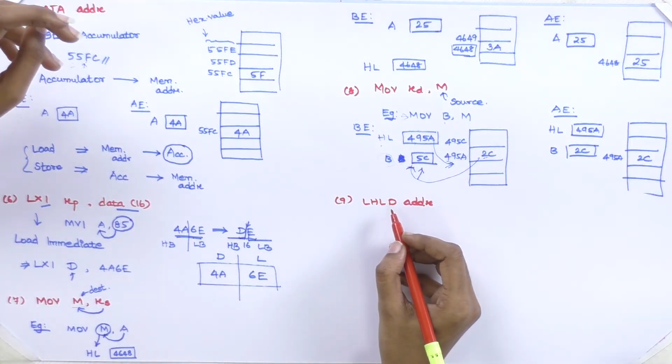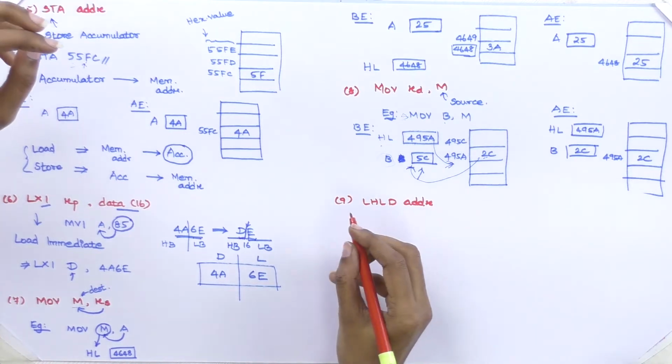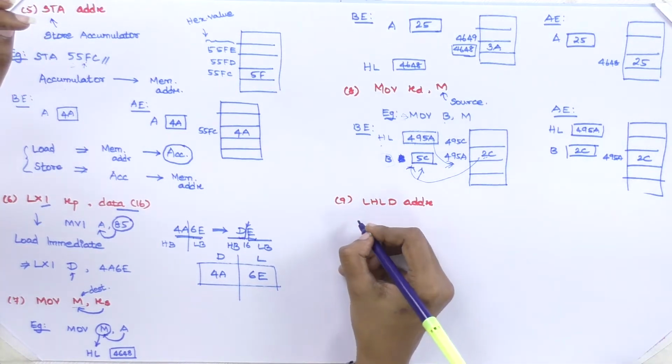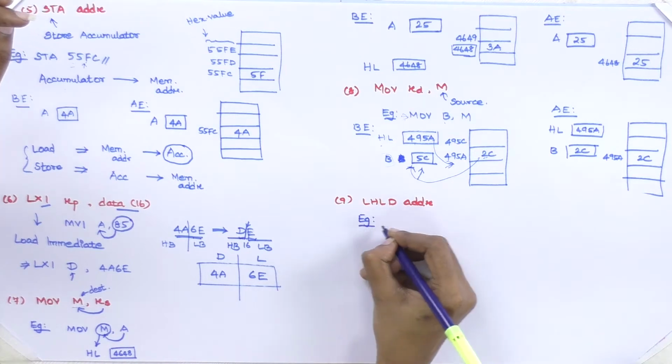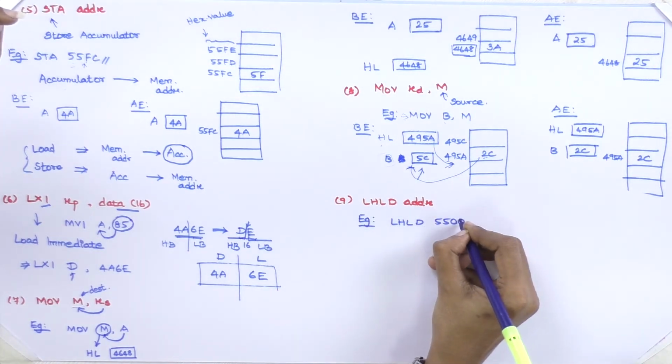The next instruction that we are going to see is LHLD address. I will take one example and explain it. LHLD 5500.